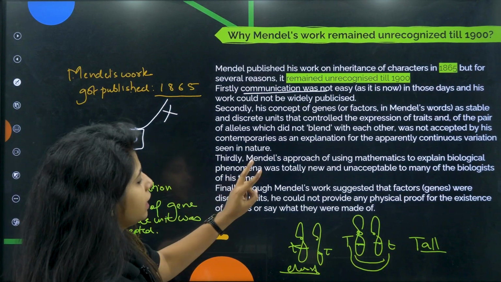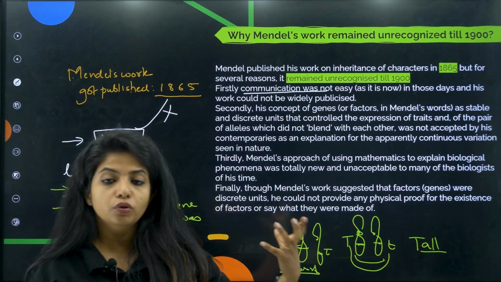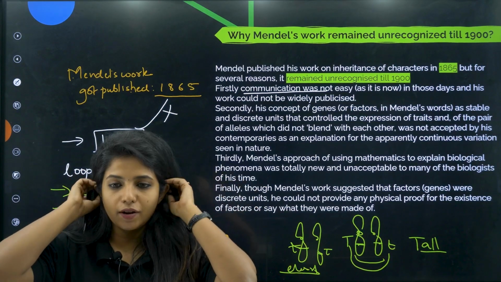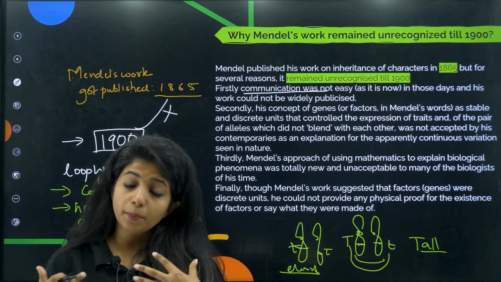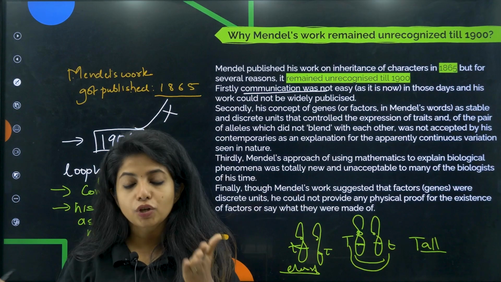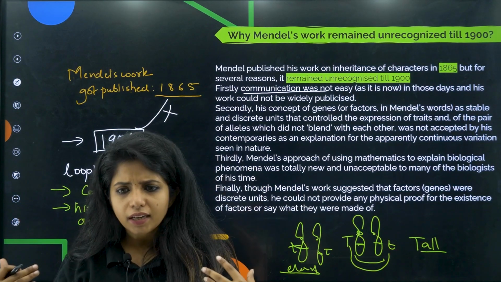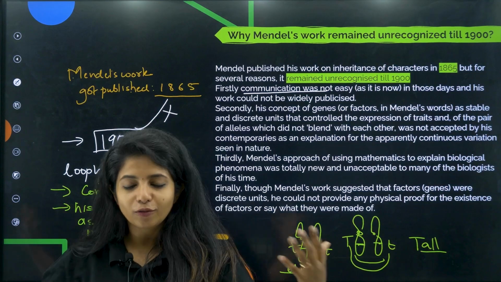Now going ahead, thirdly, Mendel's approach of using mathematics to explain biological phenomena was totally new. If no one around has too much information at that point of time, and someone is working on biological things while using a statistical and mathematical approach, obviously others would not understand. Their wavelength would be different.